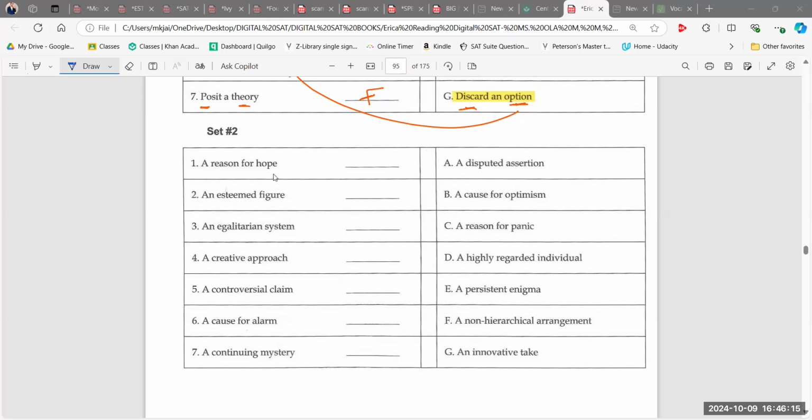Number 1, a reason for hope, has the same meaning as D, highly regarded individual. So what does an individual have to do with hope? Hope, having hope, being what? Looking for good things, being optimistic.